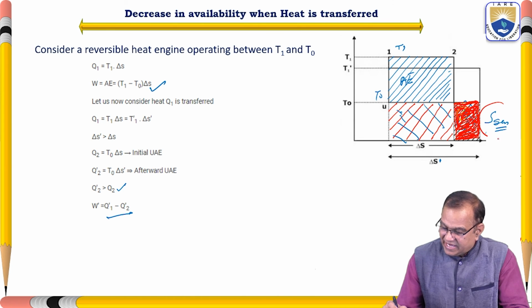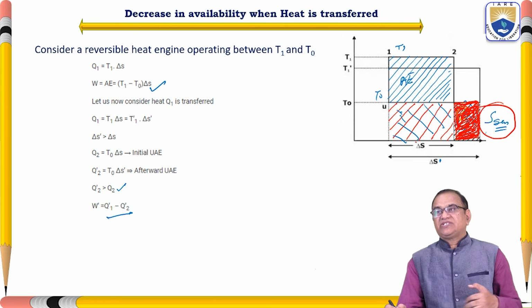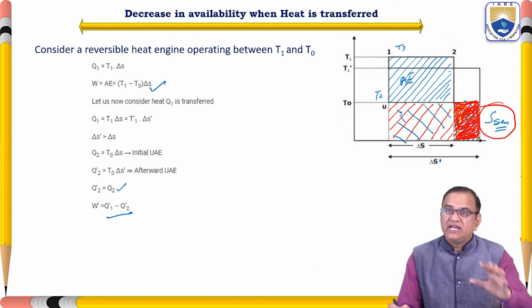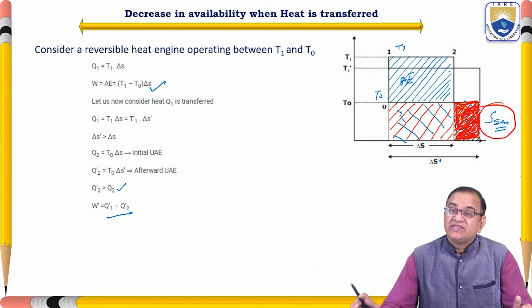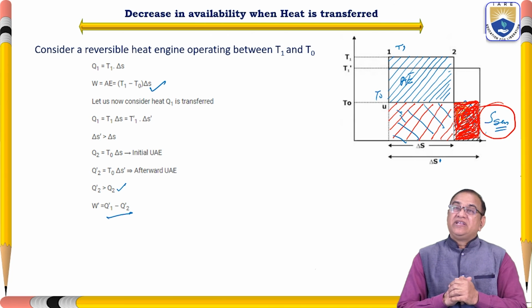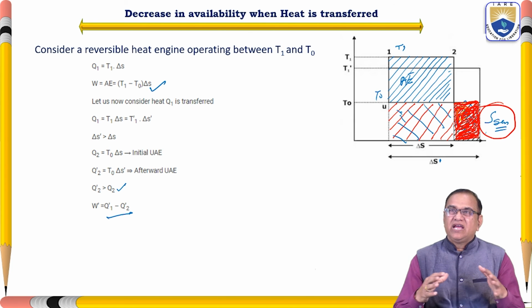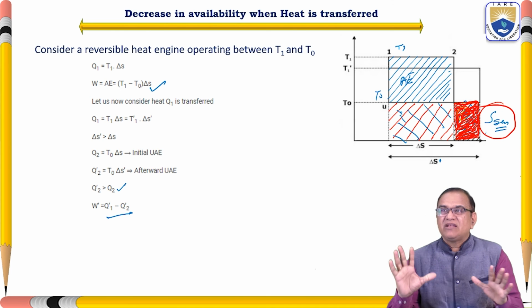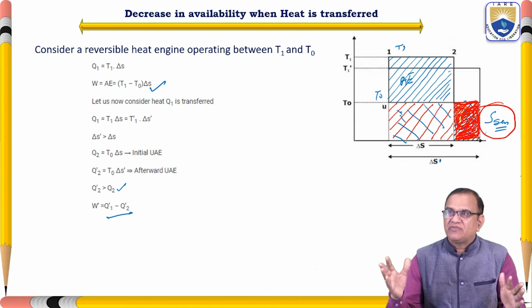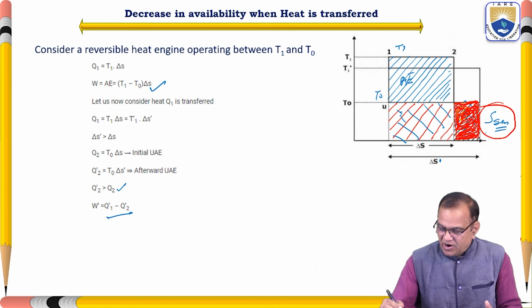This much efficiency of the system is lost. So that is the objective of understanding the decrease in availability when heat is transferred. When you transfer heat, there will be some generation of entropy. This shaded part I have mentioned is the extra entropy.